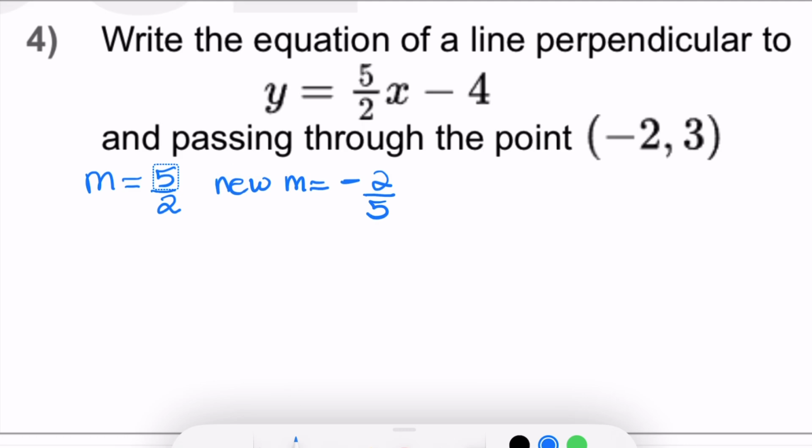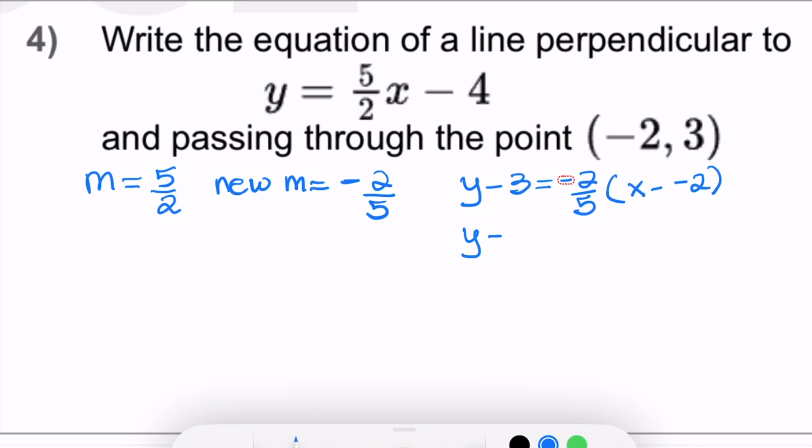And so my point is negative 2, 3. So I'm going to go y minus 3 is equal to negative 2 over 5 times x minus negative 2.